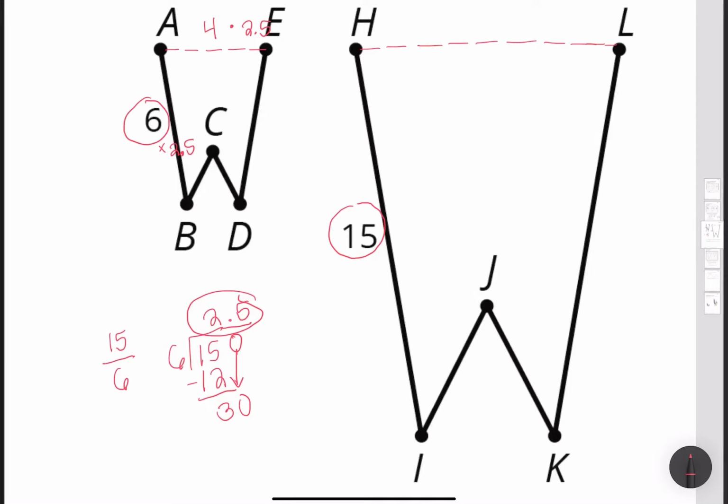So this distance is 4 times 2.5, or you could put an X to represent multiplication. You should get 10. So 2.5 times 4, carry the 2, and you should get 10. The distance between H and L is 10.